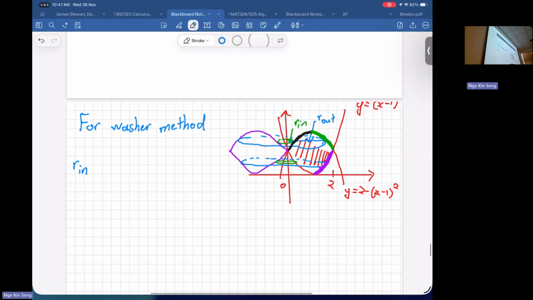Okay, just keep it as the red one. So R in is actually the black part.